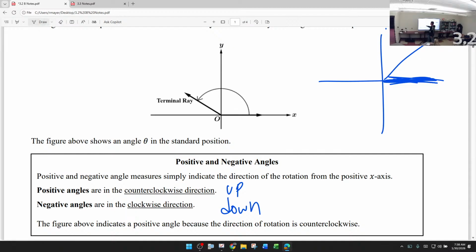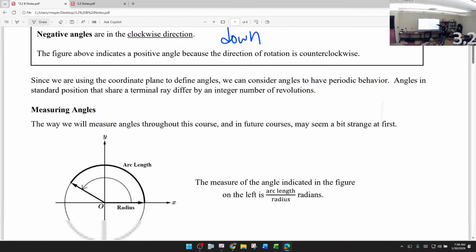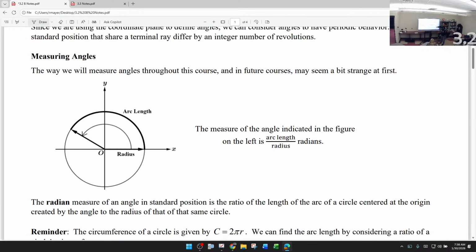All right, beautiful. Measuring angles. This is where they're talking about the arc length and the radius, and I think this is more cumbersome. It's talking about the arc length as opposed to this angle. That's the difference between a degree and a radian.